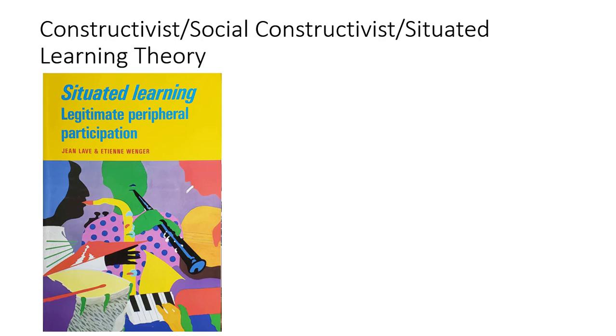What Lave and Wenger did was an observational study where they really wanted to learn more about how people learn in apprenticeship situations. So the book is essentially a series of case studies of 5 different types of apprenticeship programs.